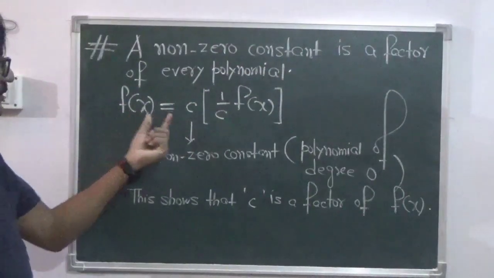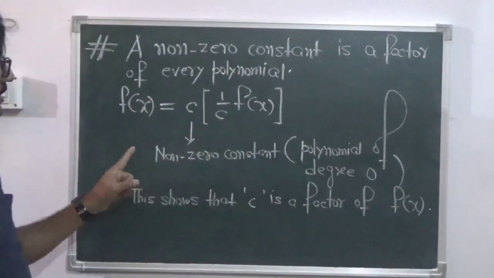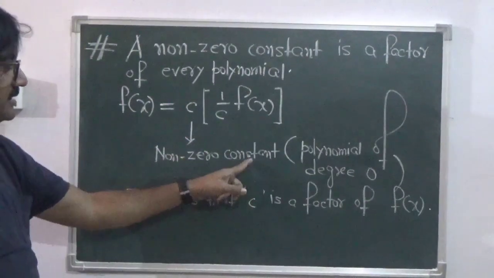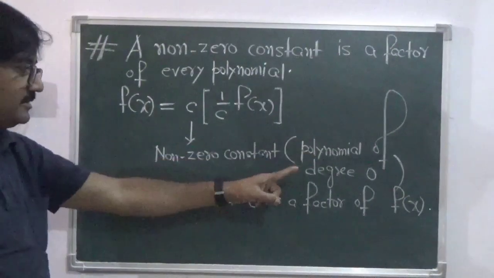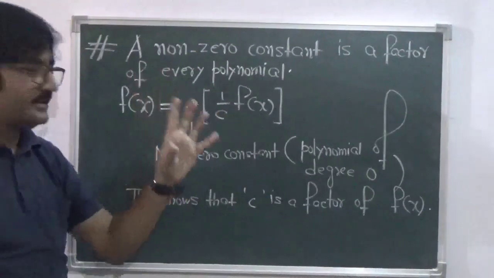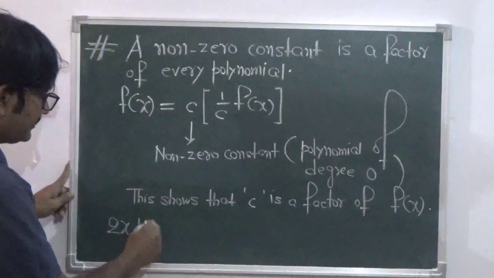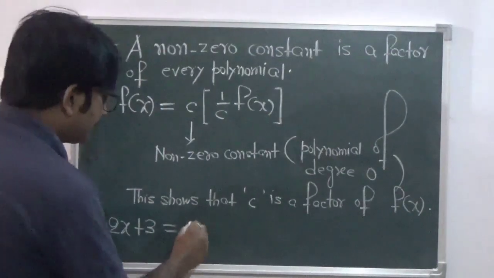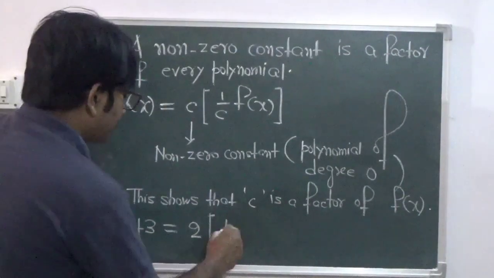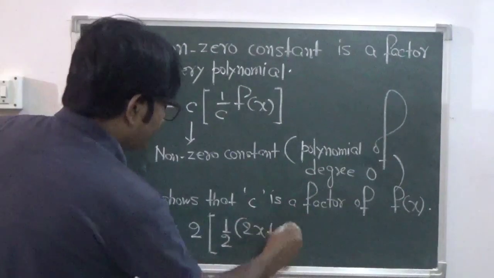That is, f(x) equals c into 1 by c of f(x), where c is a non-zero constant, that is, a polynomial of degree 0. So this shows that c is a factor of f(x). If we take a polynomial like 2x plus 3, we can write it as 2 into 1 by 2 of 2x plus 3.